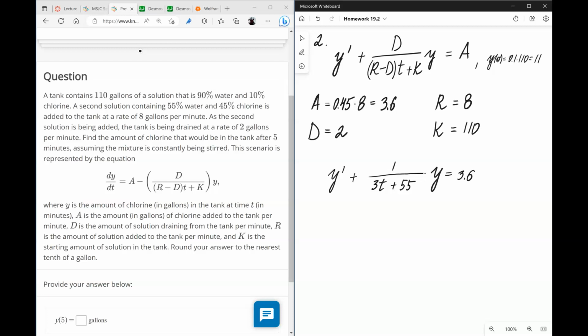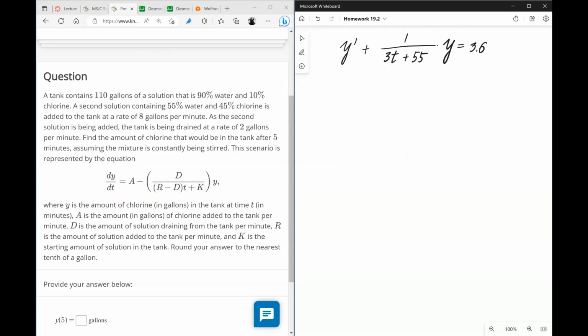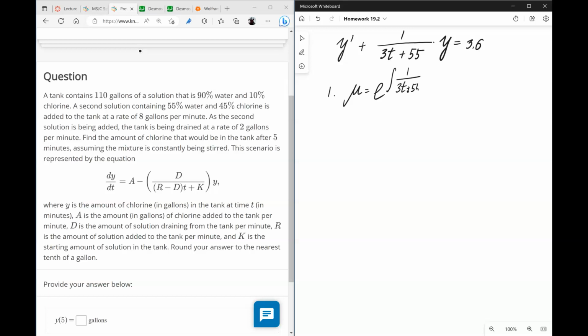And it's a linear first order differential equation. So to solve it, we're going to find the integrating factor. The integrating factor will be e to the power integral 1 over 3t plus 55 dt.